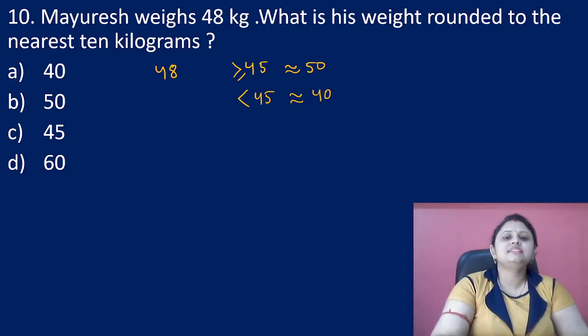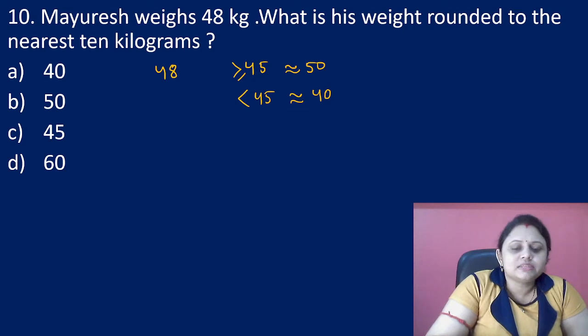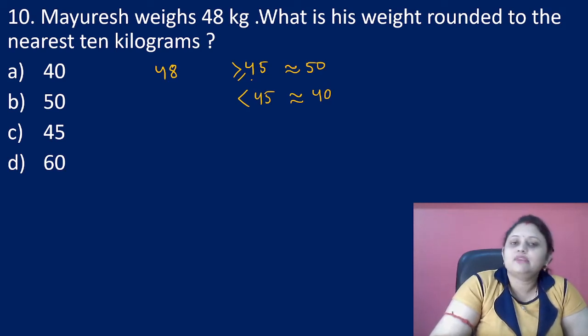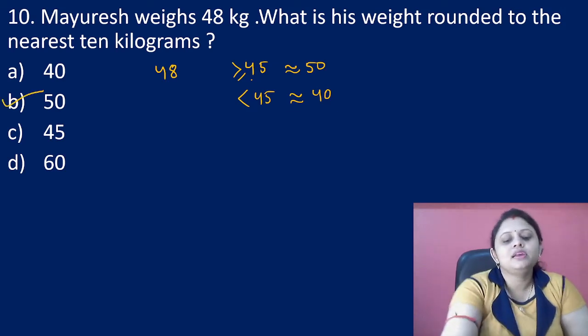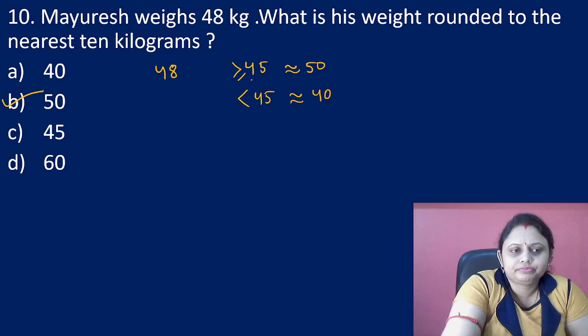Okay, here 48 is greater than 45. So when we round it off, the nearest 10 will be 50. Okay, so the correct option is option B, that is 50.